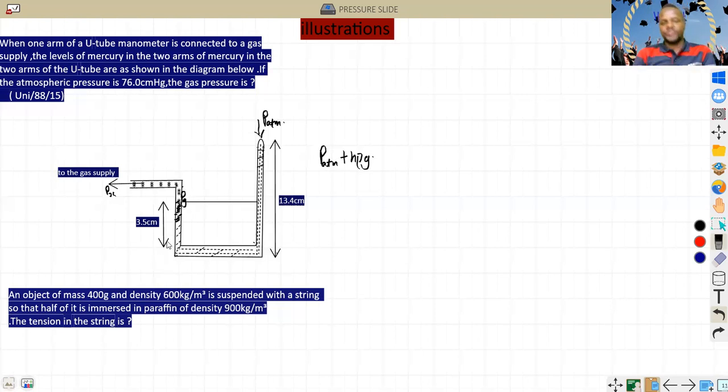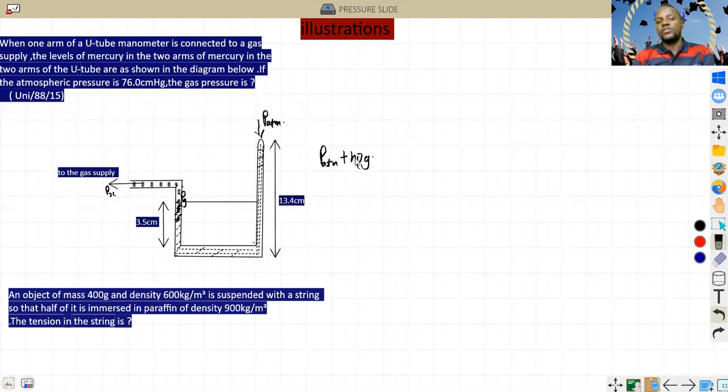PG. So from what I've said, if we want to get the gas pressure, we need the total pressure that will flow from here to this point. The pressure that flows from here to this point will be the gas pressure, so be careful about that. So atmospheric pressure is coming plus h rho g. The diagram was not drawn well, but all the same, we can still get the interpretation.